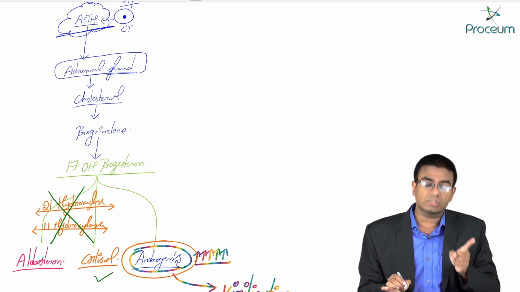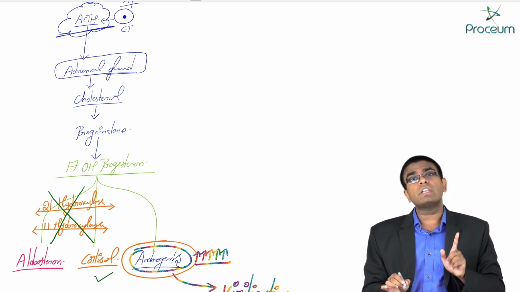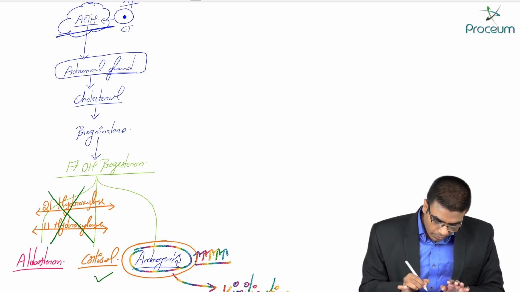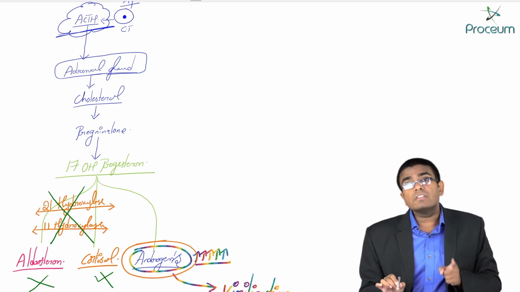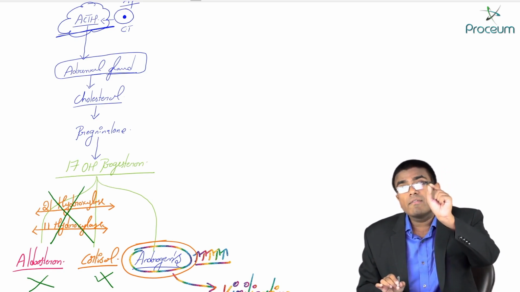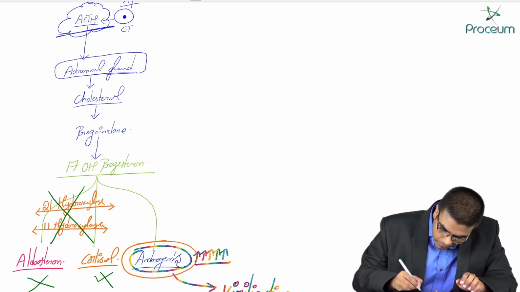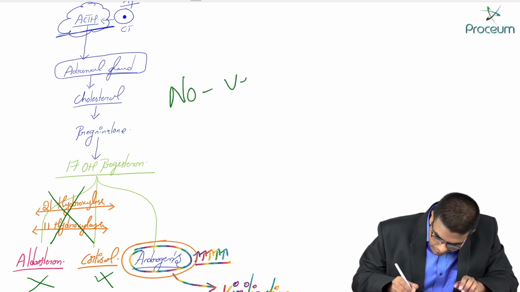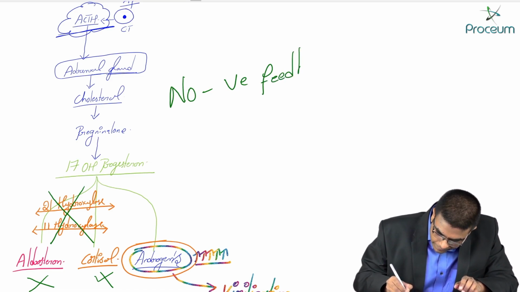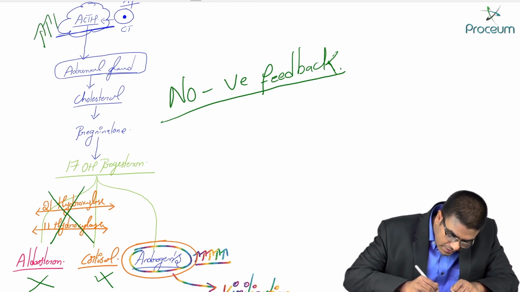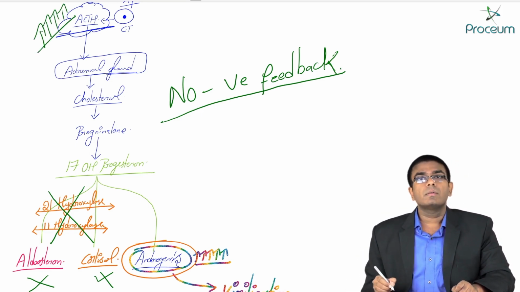Either due to deficiency of 21 hydroxylase or 11 hydroxylase, the cortisol production is not there, aldosterone production is also not there. Whenever there is no cortisol, please remember, there is no negative feedback. So whenever there is no negative feedback, what happens? There is too much release of ACTH from the pituitary.